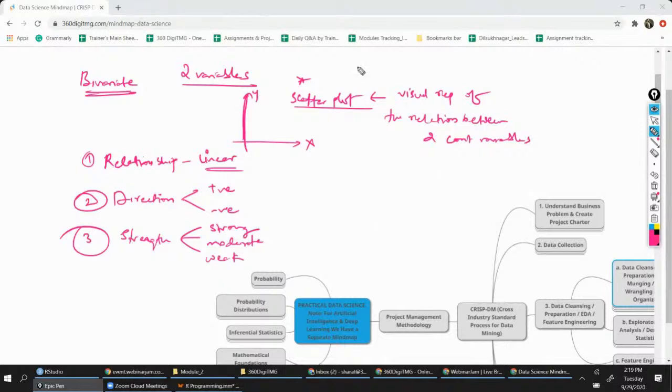Now, when we talk about relationships, using these relationships we can try and do predictive analytics. We can come up with predictions. And that prediction is explained as y is equal to f of capital X, where capital X represents your input set of variables. So the data set that we are taking in will have multiple features.